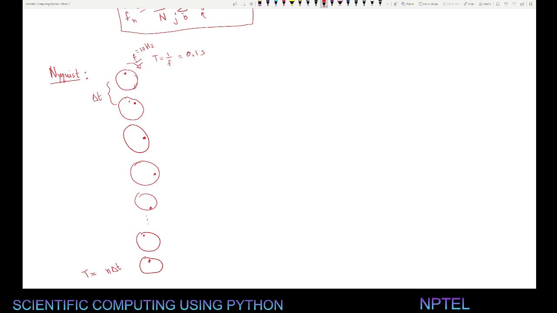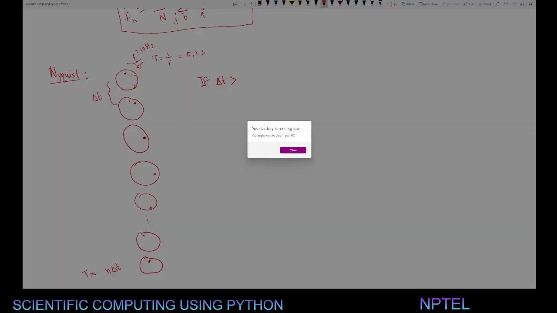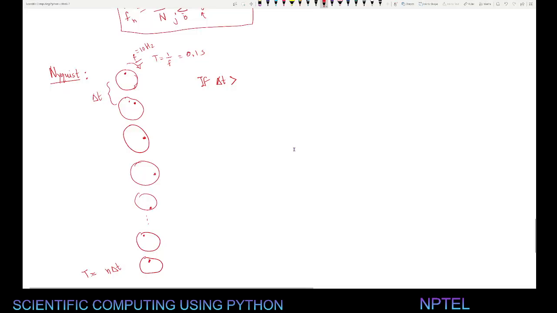Now suppose your delta t is high. If delta t is half this time period or higher, then what will happen? You start from here.